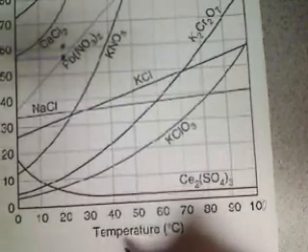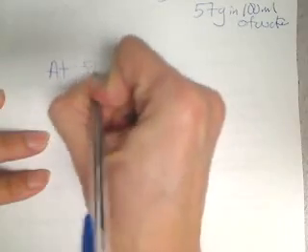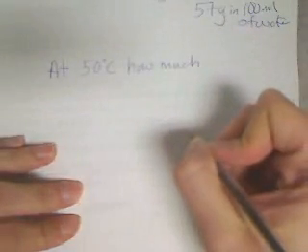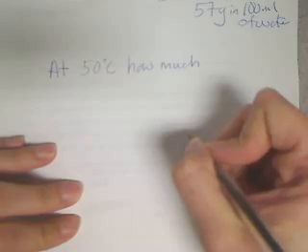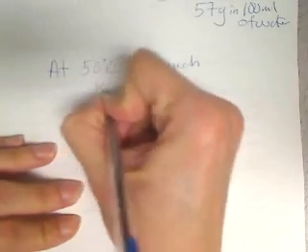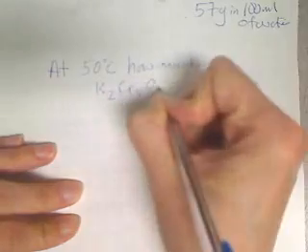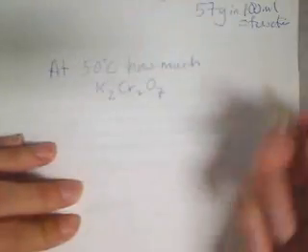So let me give you a question. Let's say at 50 degrees C, let's look at K2Cr2O7, potassium dichromate.